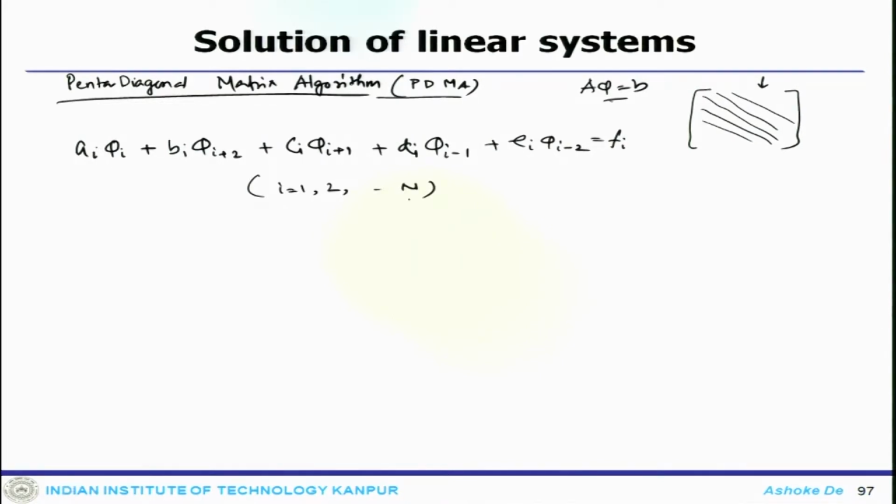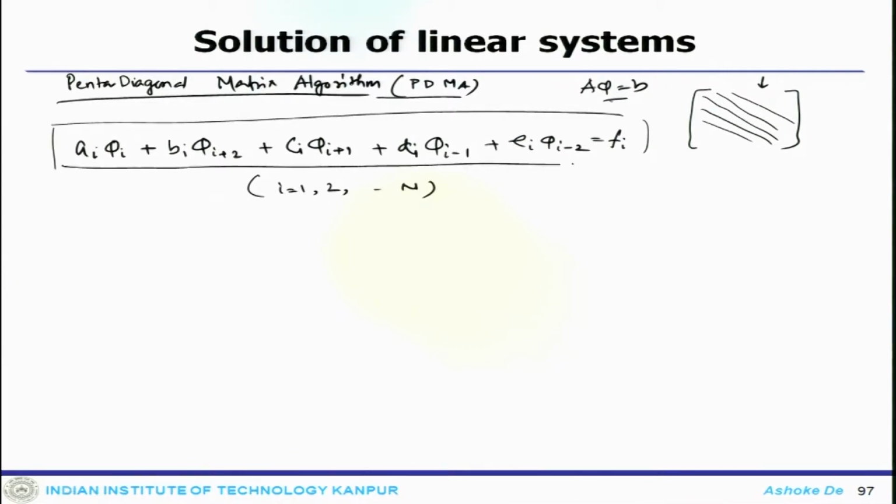If you see, the base variable at i is distributed between i plus 1, i minus 1, i plus 2, i minus 2, and there are coefficients associated with it. So, this equation has the 5 points i plus 1, i plus 2, i minus 1, i minus 2, that leads to a pentadiagonal system.